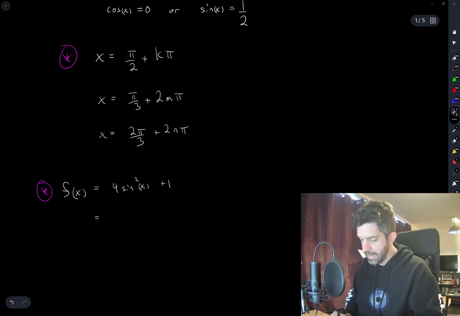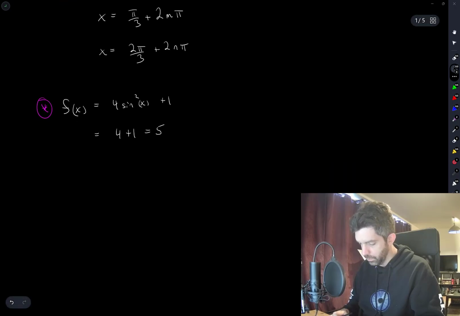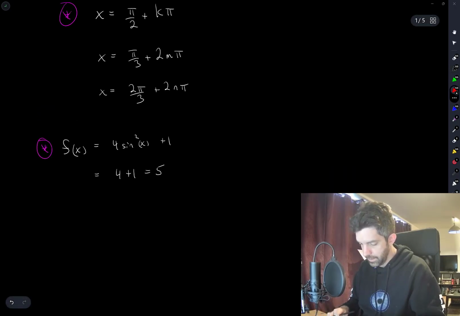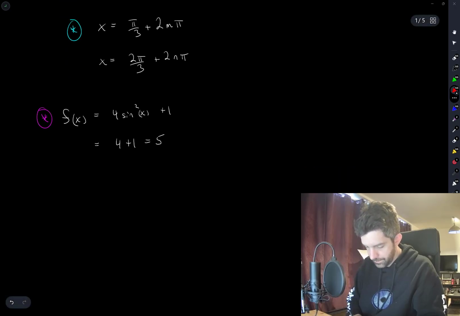When k is even, sine x is 1. And when k is odd, sine x is negative 1. But in either case, this gives us 4 plus 1, which is 5. Okay, so we'll keep that in mind. We'll come back to that later. Now let's look at this expression.